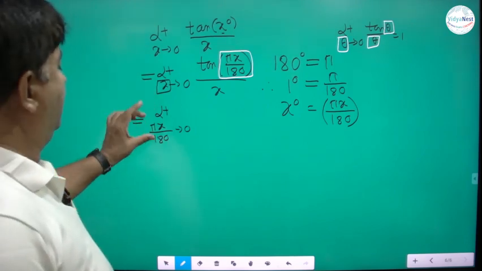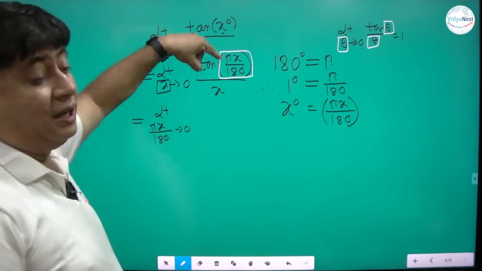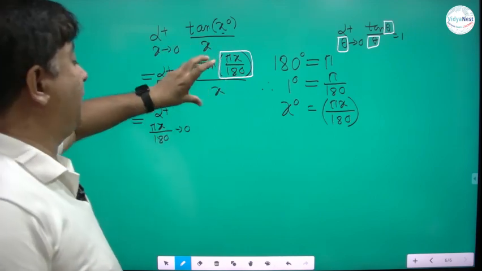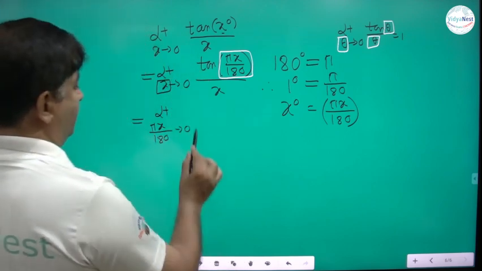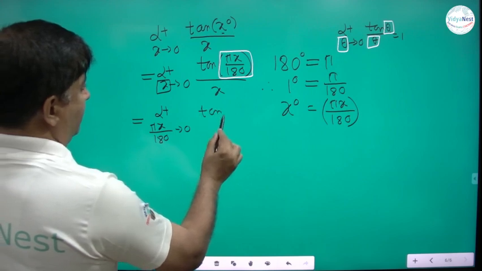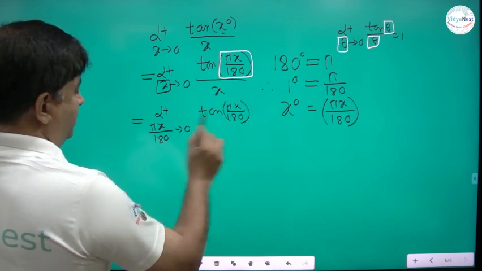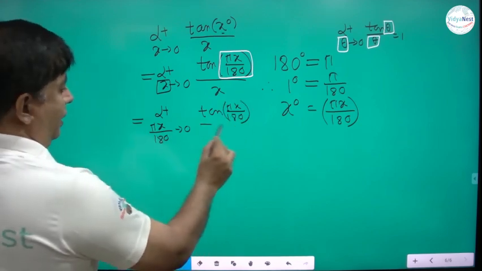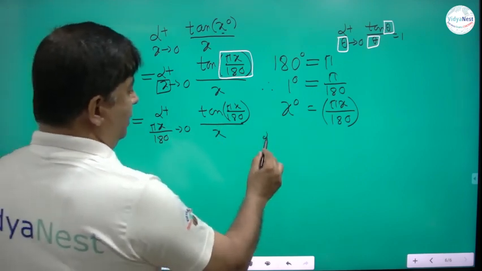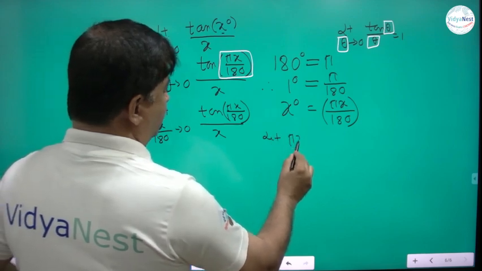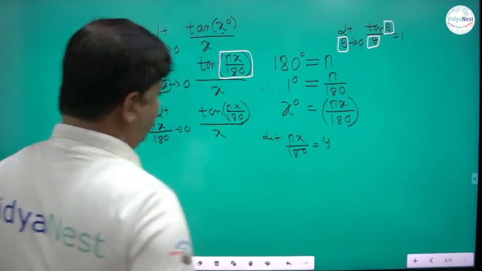You can write a different variable, say this is y, then that gigantic figure will be a little bit simpler. Now, for the sake of a good representation, I am letting pi x by 180 equal to y.